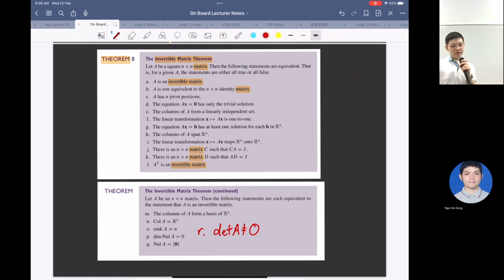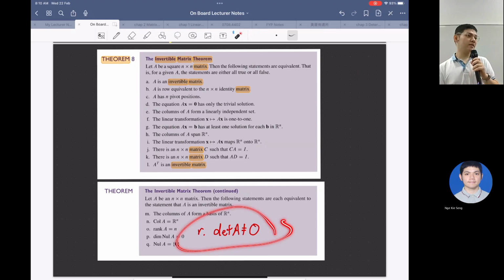All the columns are linearly independent, or the column space spans Rn. I suggest you try and extend this table and see if you can find more equivalent properties. See how many we can get. For example, I already extended one of it.